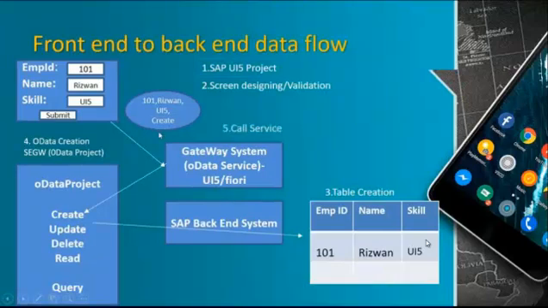By the way, the OData project outcome is an OData service that you will keep in the SAP gateway system. Now step number 5: for any functionality like CRUD operations, the UI5 will call this OData service. While calling the OData service, it will send the required data as well as the operation name.